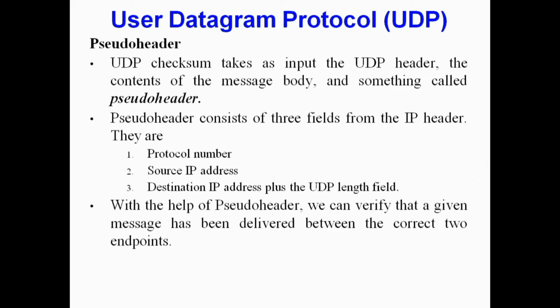Okay, here, the term pseudo header. As already told, checksum is the error detection method. In this method, the input will be the UDP header, the contents of the message body, and the pseudo header. The pseudo header consists of three fields: protocol number, source IP address, and destination IP address, plus the UDP length field.